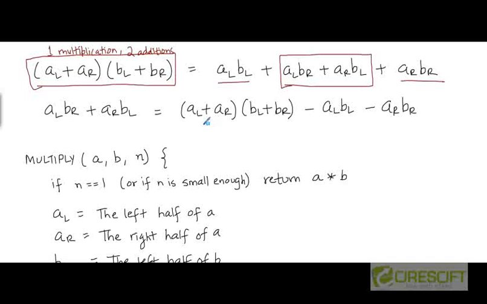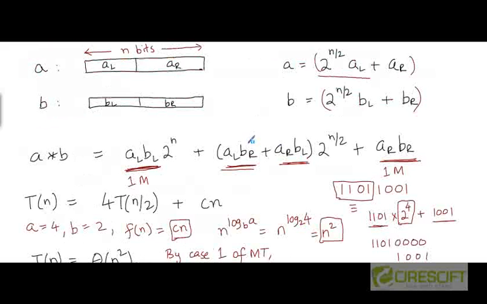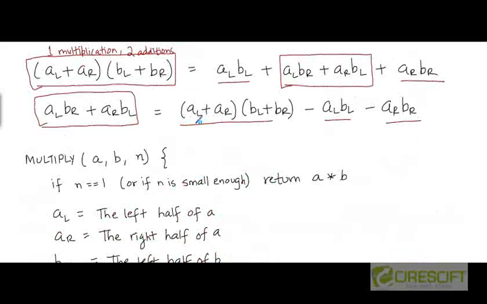And using 3 multiplication operations, we could compute this value. In other words, we could compute this value by 3 multiplication operations. One for computing this, one for computing this, and the third one for computing this.